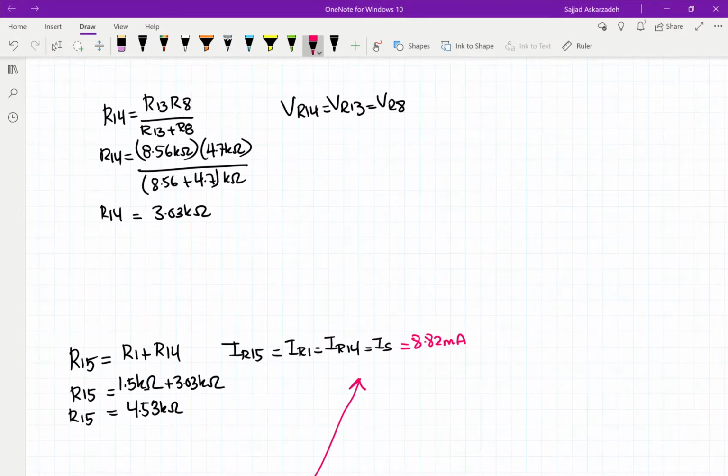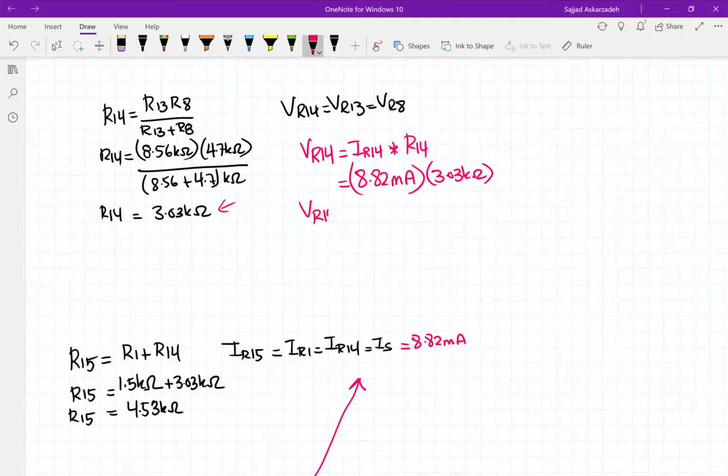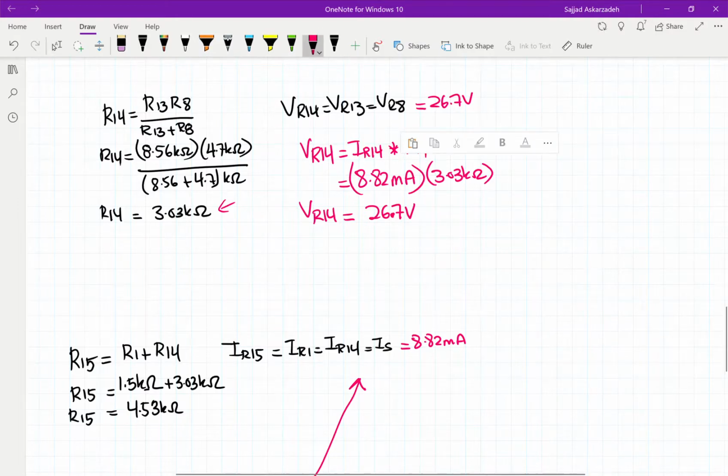We know the current through R14, so VR14 is equal to IR14 multiplied by R14. IR14 is 8.82 milliamps multiplied by R14, which is 3.03 kilo ohm. We find that VR14 is equal to 26.7 volts. So now we can write this right beside this. This way, VR8 is 26.7 volts, VR13 is 26.7 volts, as well as VR14.